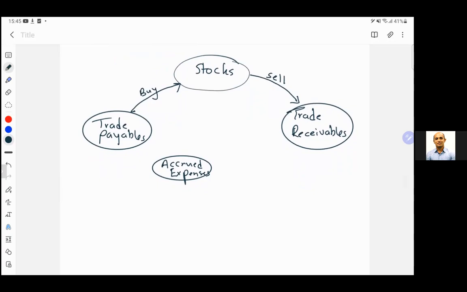Then you have to go for short-term financing, like a bank overdraft, because your cash receipts are late. You are getting cash receipts late because you have sold stocks on credit. Then later you get cash from customers, from trade receivables.